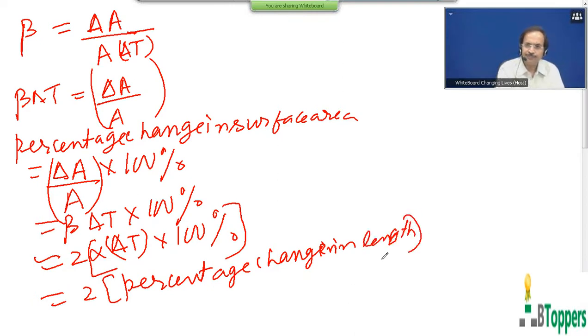That means when a regular solid with a uniform coefficient of linear expansion is heated uniformly, the percentage change in its surface area will be almost 2 times the percentage change in its length.